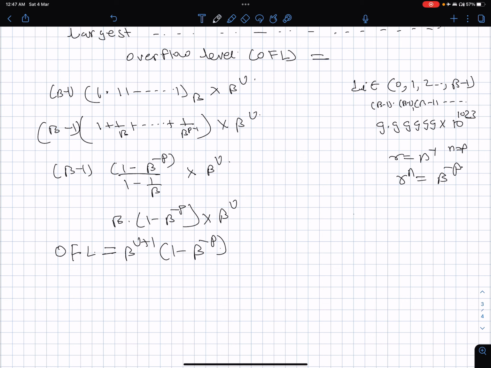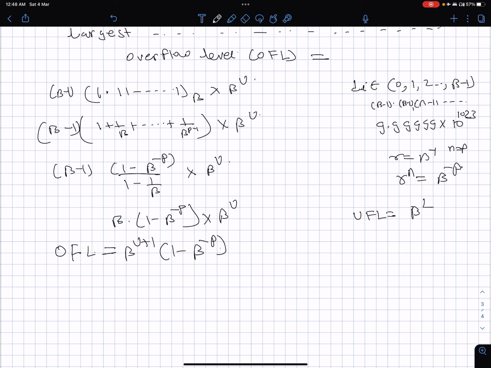So to say again, the underflow level is beta to the power L, where L could be minus 1023, for example, and beta could be 2. If you go for IEEE single precision, then L is minus 126.